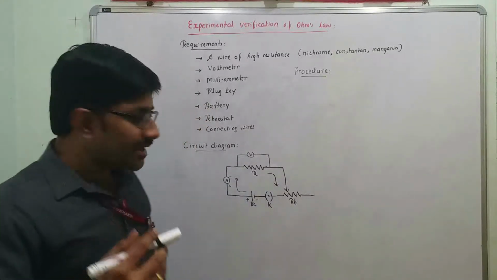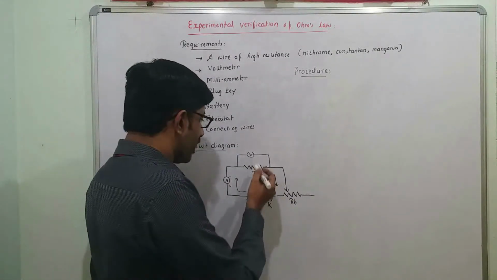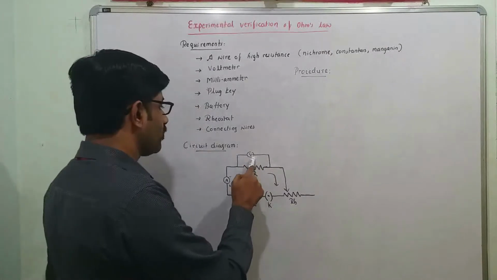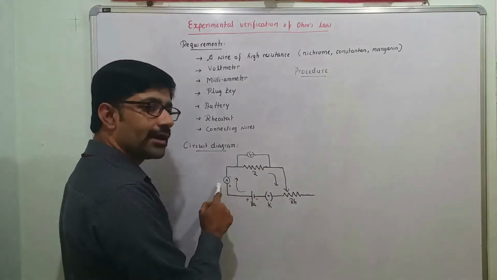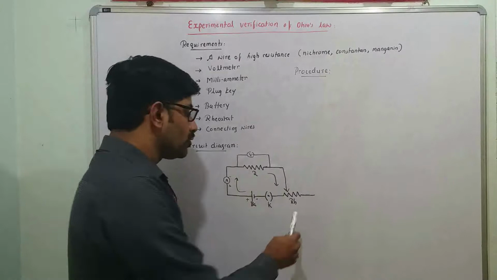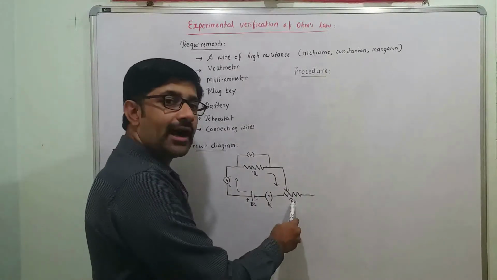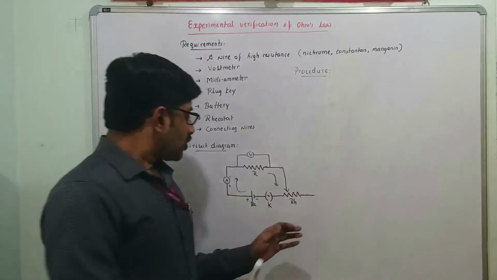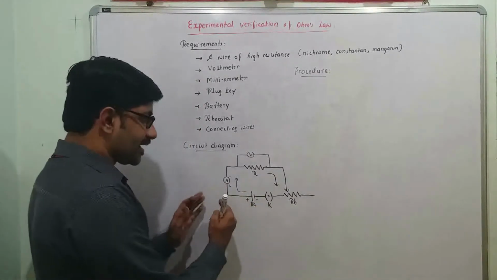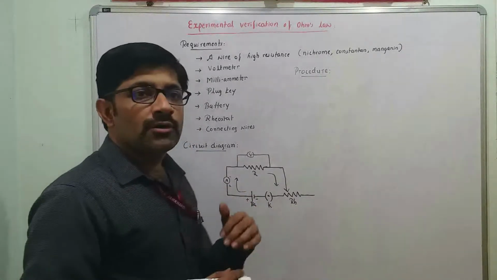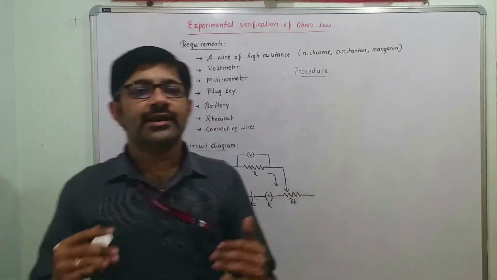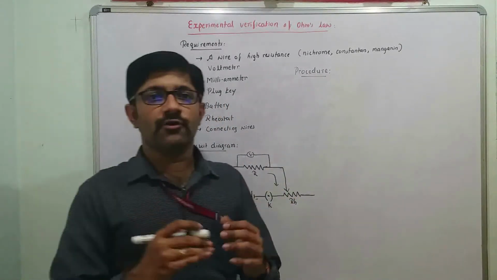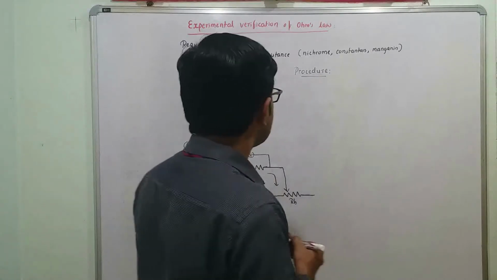The next step is to bring the deflections in voltmeter V and ammeter A back to 0 using the variable resistance RH, the rheostat. After getting the 0 setting right, now note down the values of voltage and current respectively.